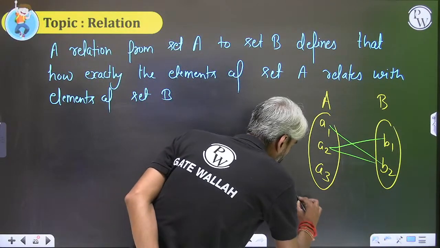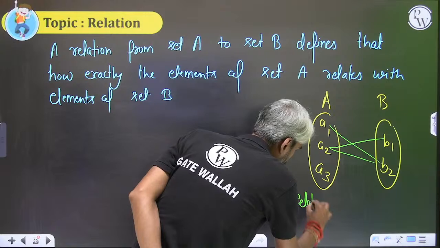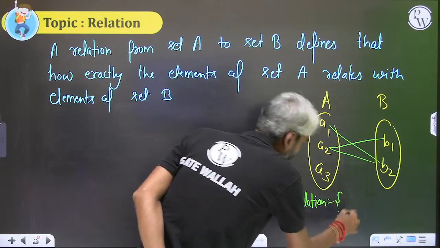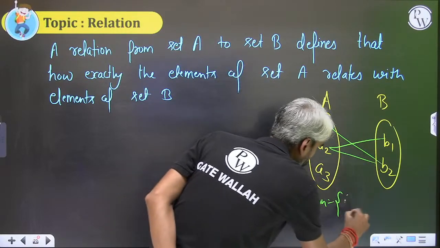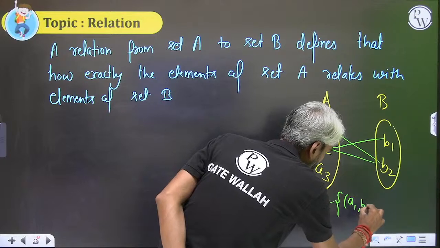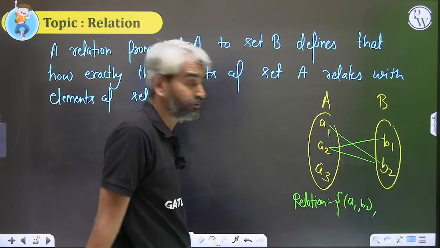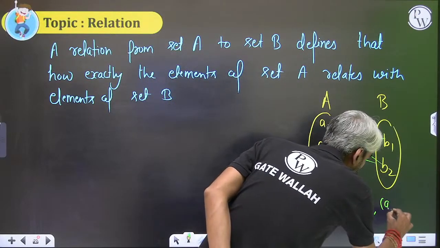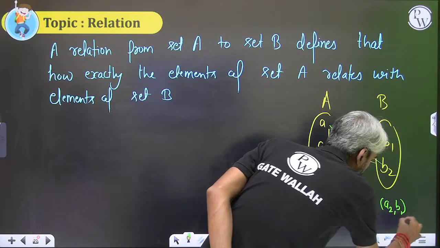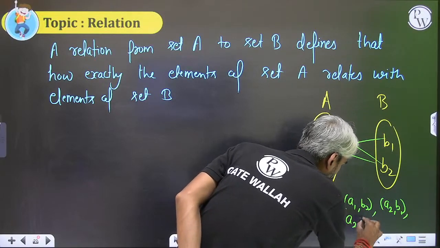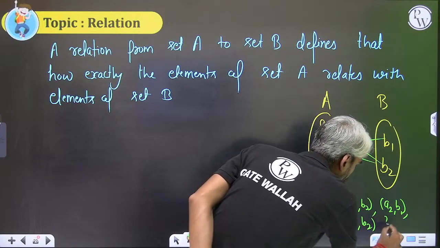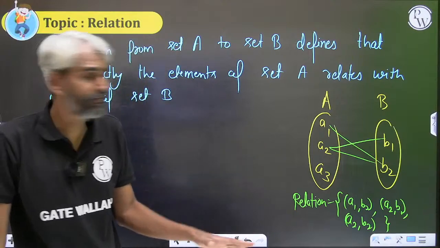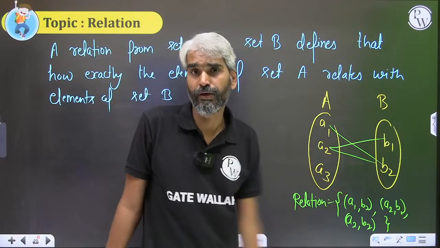So this relation will only contain the ordered pair that, okay, A1 relates with B2. It defines that A1 is an element in set A which relates with B2. A2 will relate with B1 and A2 will relate with B2 also, but there is no other relationship from the elements of set A to elements of set B.